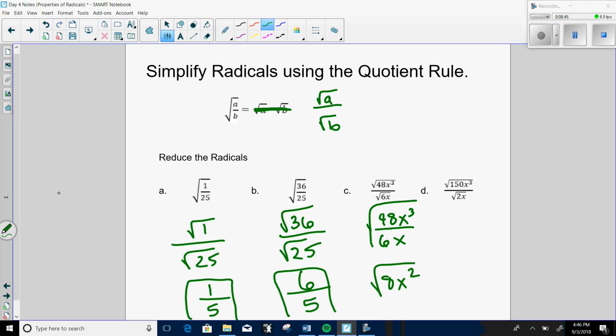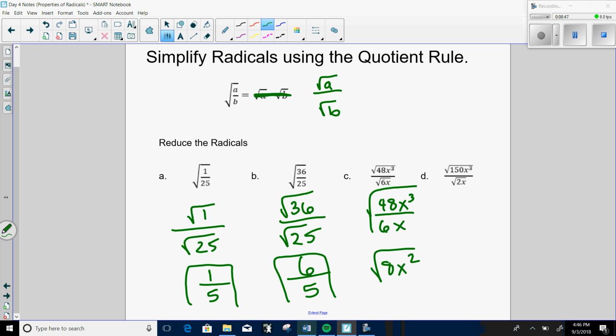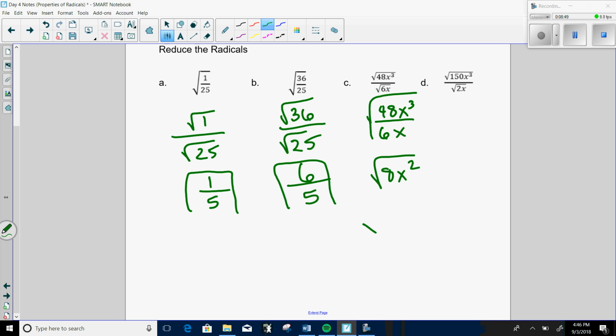Notice by doing this, the fraction goes away. Sometimes that'll happen. And then you reduce this. 8 becomes 2 times 2 times 2, and x squared becomes x and x. I have a pair of 2's, and I have a pair of x's. One 2 comes out, one crosses off. One x comes out, one x crosses off, and I get 2x on the outside and a single 2 on the inside.